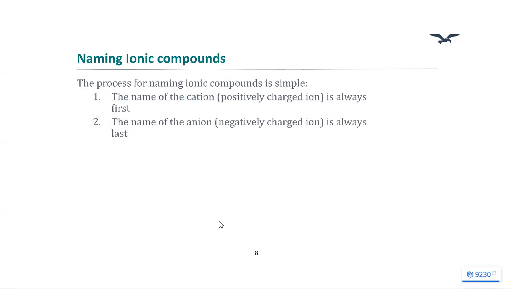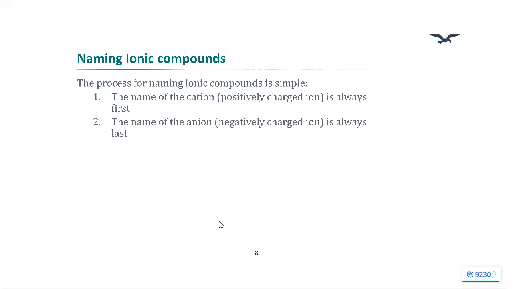Now, as far as naming system is concerned, the naming system here is really easy. We just have to identify the cation and the anion, the positively charged substance and the negatively charged substance. And we write down their names in that order. Cation first, anion last. So because of this naming system, we just have to be able to recognize what the ions are.